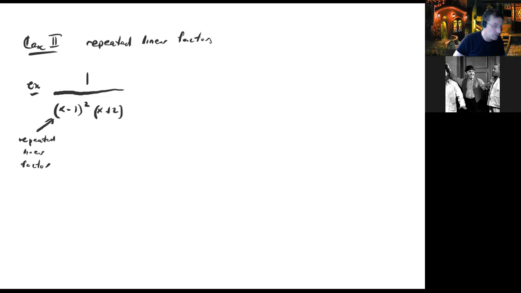Okay, so the partial fraction expansion, when you have a repeated linear factor, looks a little different. For each repeated linear factor, you have to pay attention to the square. If it's a cube, it's going to be different. The number of repetitions matters. So in this particular case, we have a square, x minus 1 squared, so it's going to be a over x minus 1 plus b over x minus 1 squared.